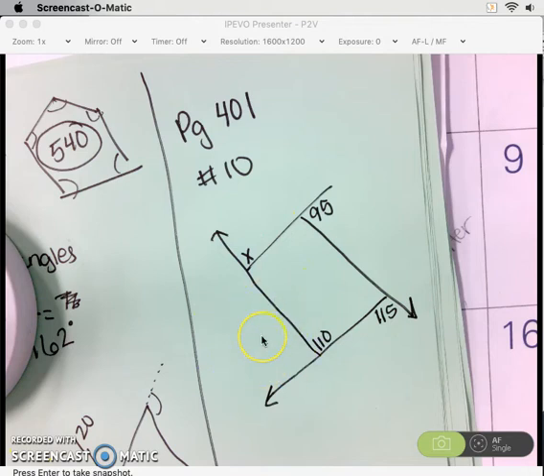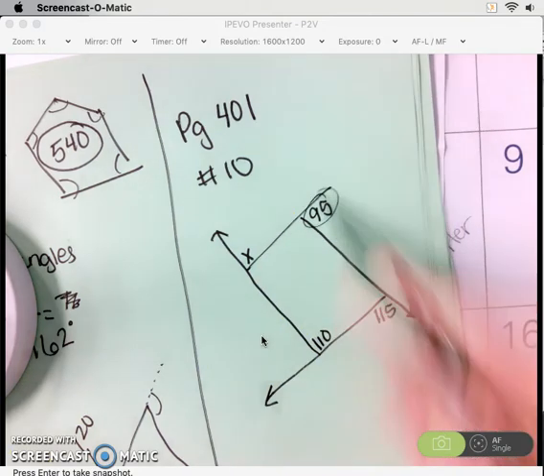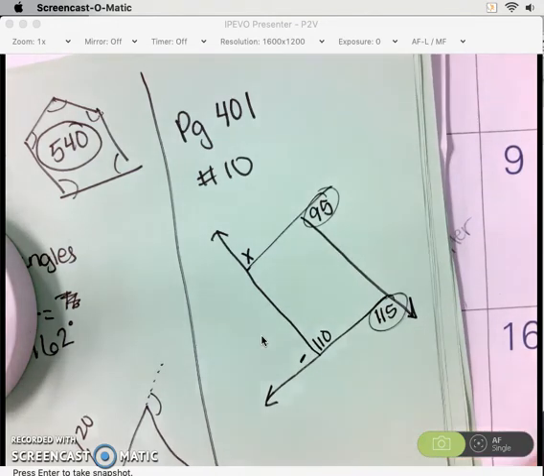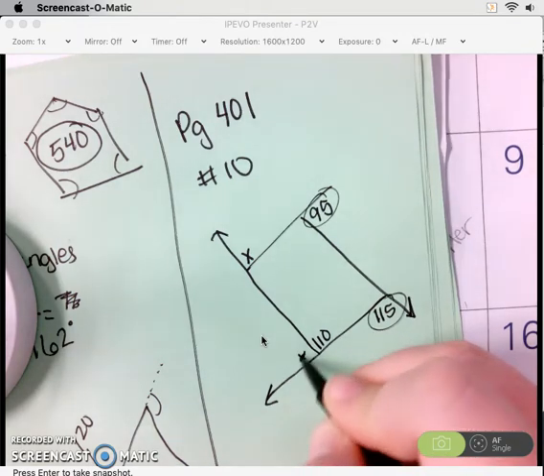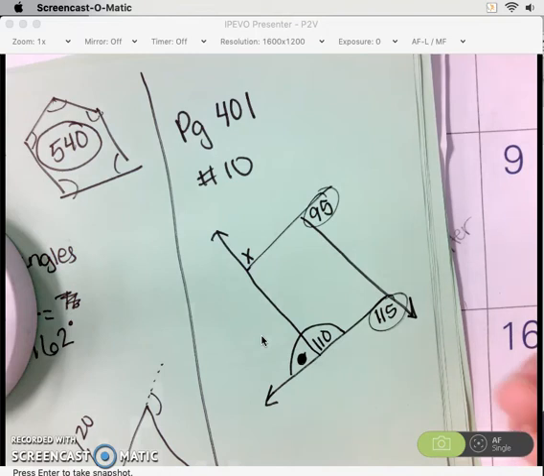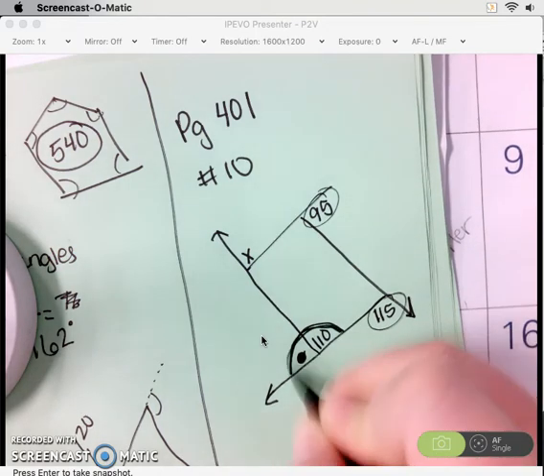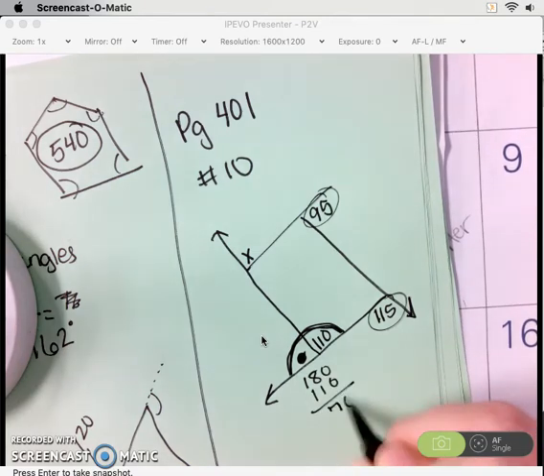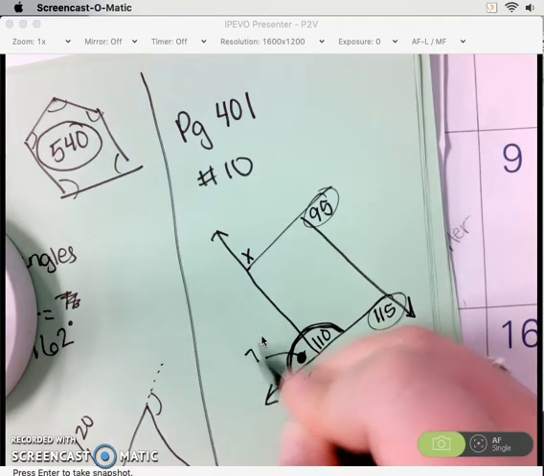X is your unknown, and you're given 95 and 115. You're also not given this exterior angle here. So you first need to find that one out. How do I find that out? Subtract it from what? 180, because right here this creates this line. So I have 180 and subtract 110, so I get 70. So this angle right here is 70.